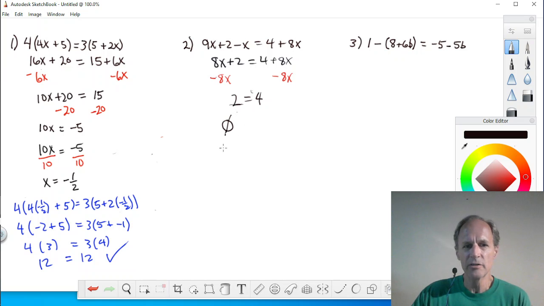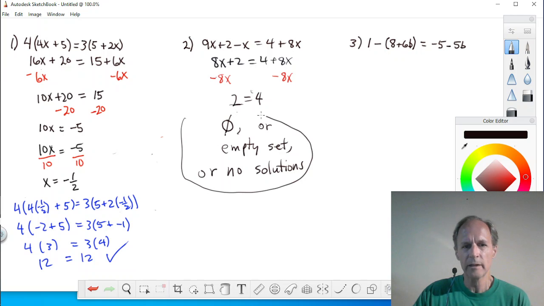You could also just write down the words empty set. And you could also write it this way, no solutions. I'm not going to be picky about which way you write it. You can write it any of those ways.